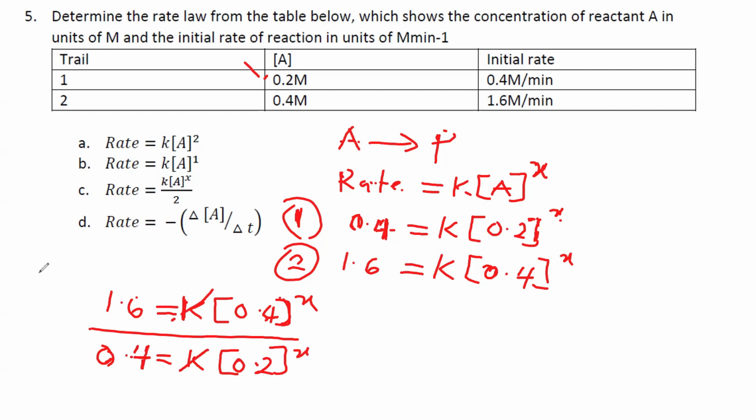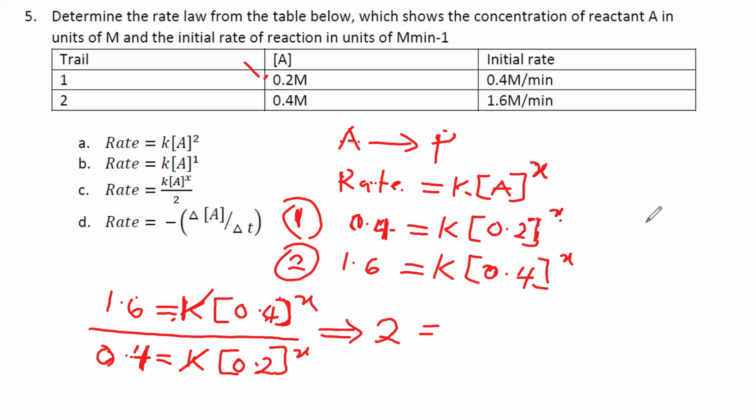Then we have 1.6 divided by 0.4, which gives us 4.